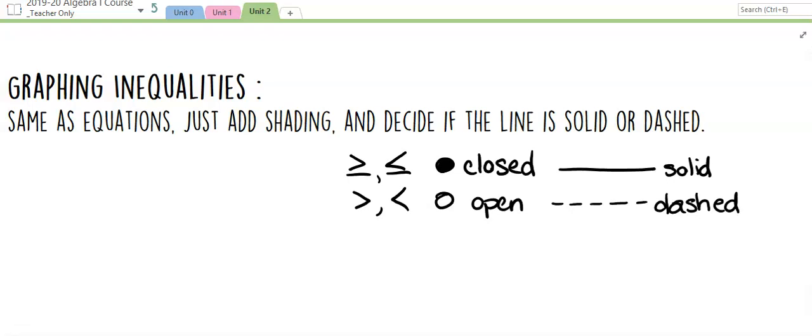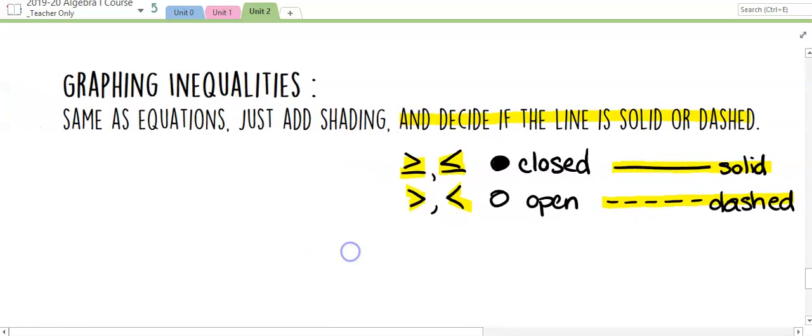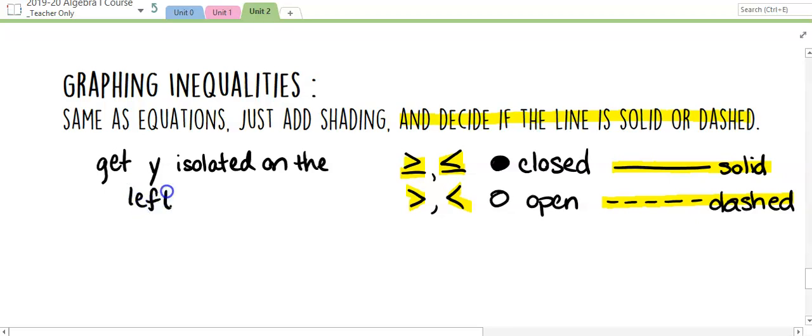So that takes care of this piece. Greater than or equal to, less than or equal to, solid line. Greater than, less than, dashed line. And the shading is best determined by getting y by itself on the left side.